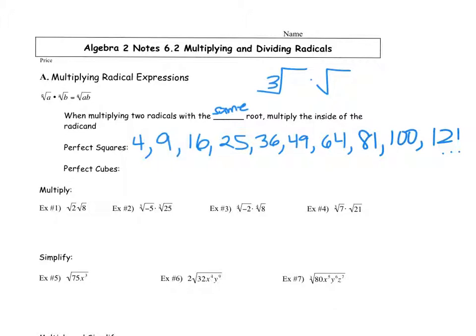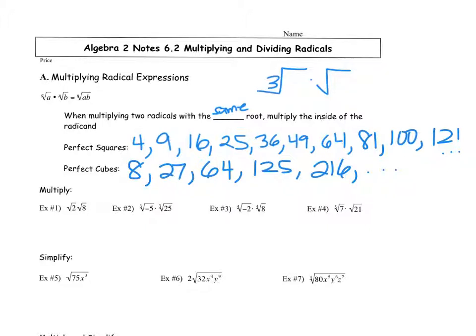All right, our perfect cubes. Now, when you're doing perfect cubes, you have to totally change your mind to not think perfect squares anymore. It's hard because you're so used to perfect squares. So our perfect cubes would be 8, 3 cubed is 27, 4 cubed, 64, 5 cubed, 6 cubed, 216.